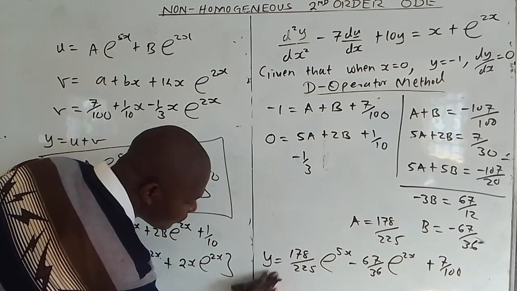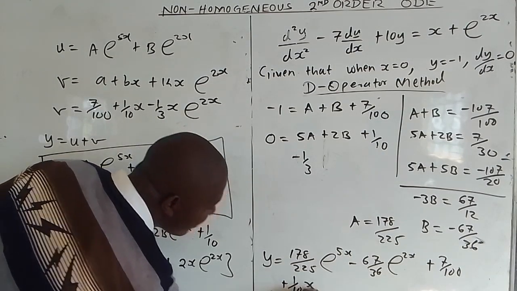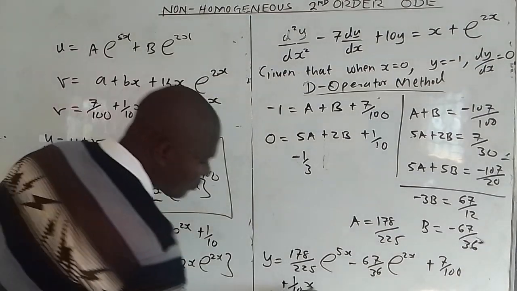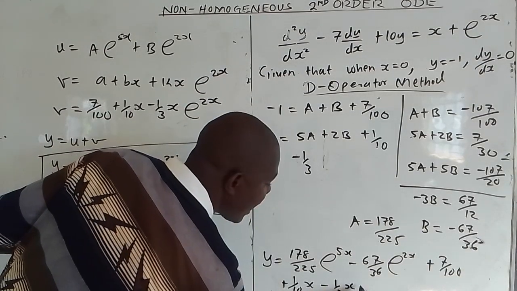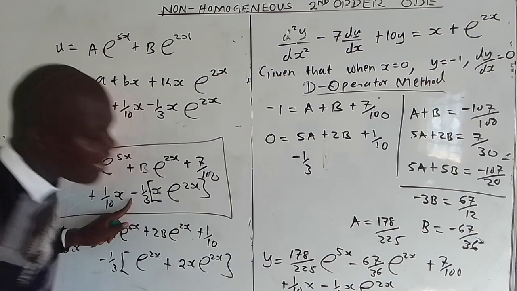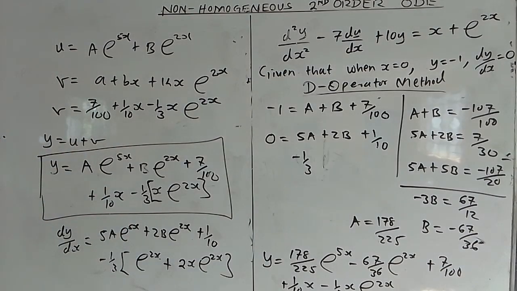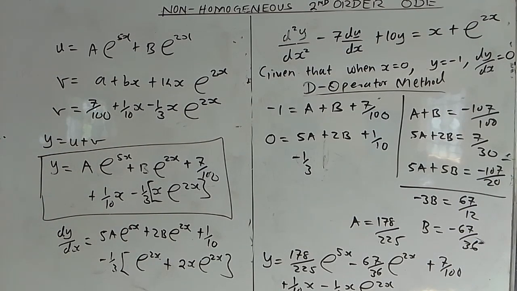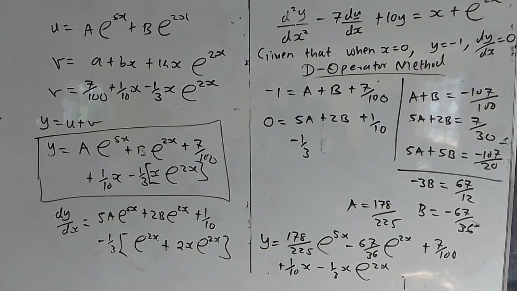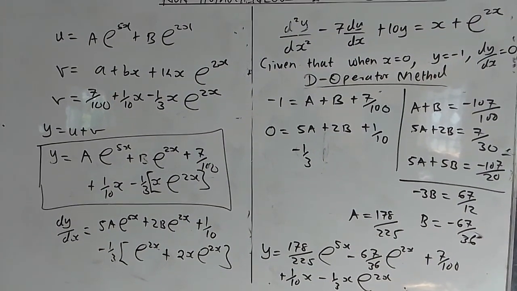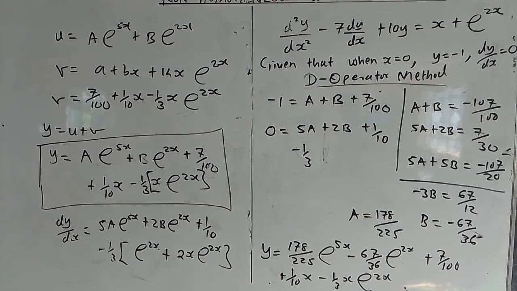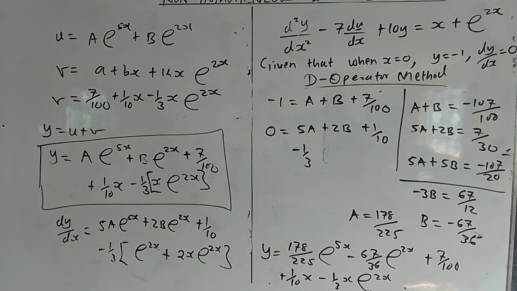Plus 1 over 10x minus 1 over 3x exponential 2x. And that is the end of that given second order ordinary differential equation. So you have y is 178 over 225 exponential 5x minus 67 over 36 exponential 2x plus 7 over 100 plus 1 over 10x minus a third x exponential 2x.